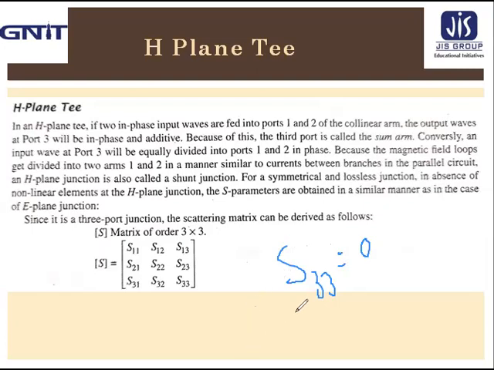And for symmetry also we can write that Sij equals Sji. That means S12 equals S21, S13 equals S31, and S23 equals S32, that is also equal to S13.